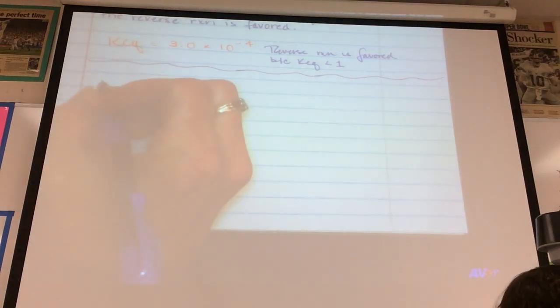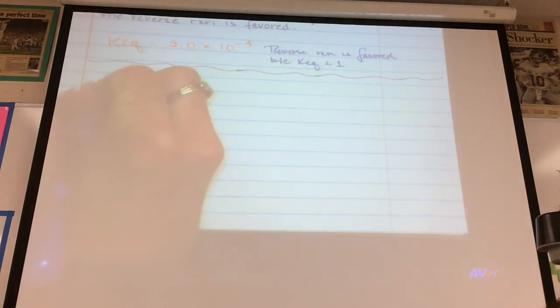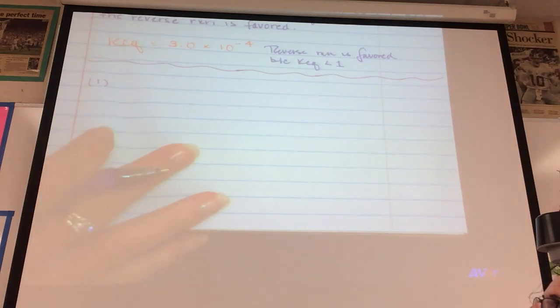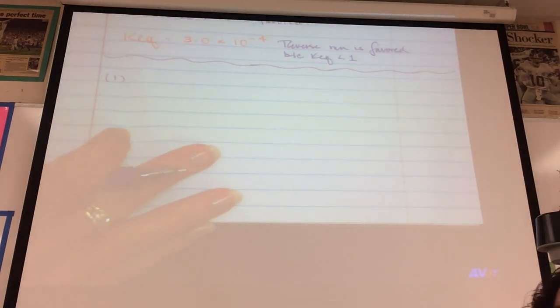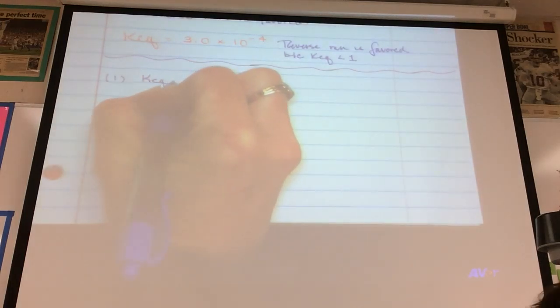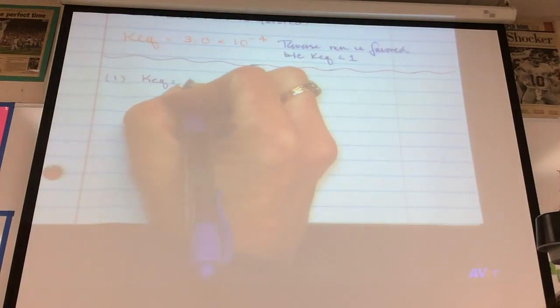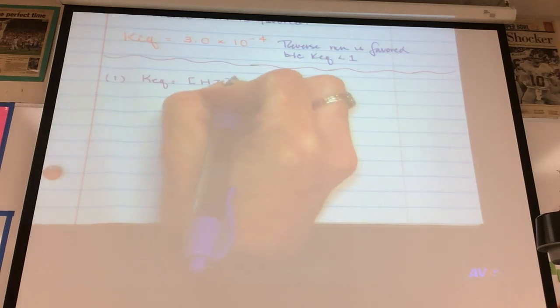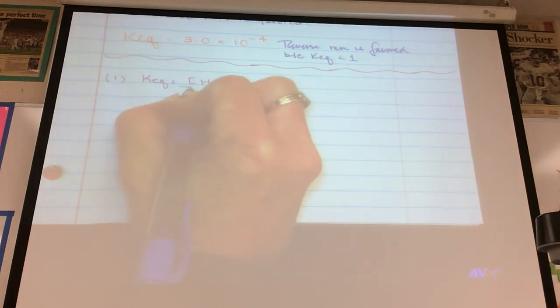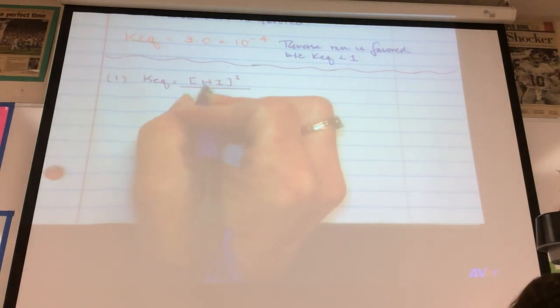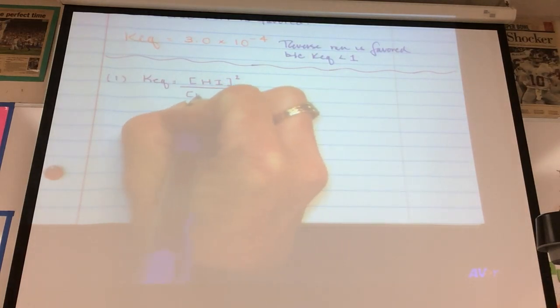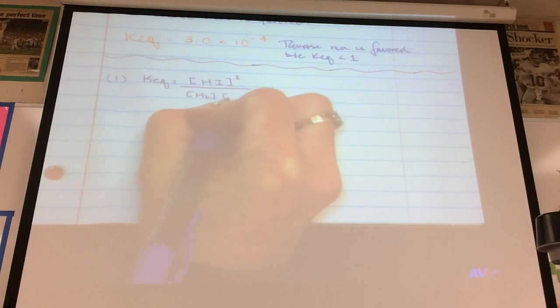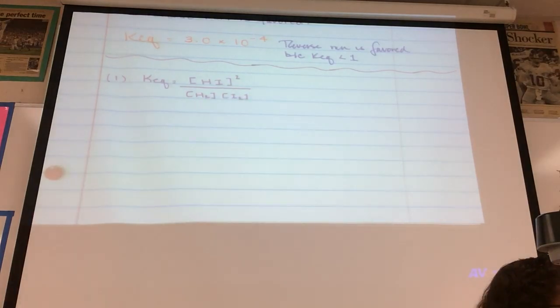So what we're looking at in this problem, when you're asked to calculate the concentration, your approach will still be to write the KEQ expression that we've talked about already. You've got hydrogen iodide over hydrogen gas and iodine gas.